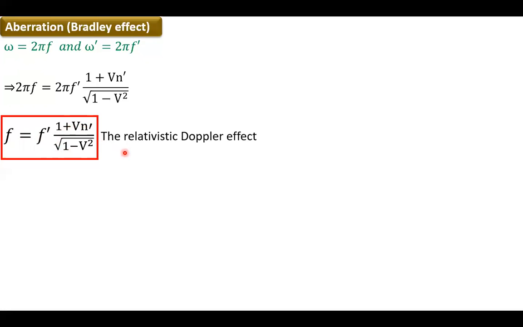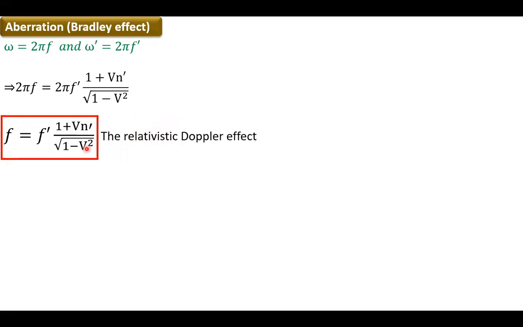Okay, this is the Doppler effect. When you have a frequency in terms of another frequency in another frame, this is a Doppler effect. This is the relativistic Doppler effect. You know about the classical Doppler effect from first year, when you took the course on waves and saw the Doppler effect with sound waves, the Newtonian Doppler effect.